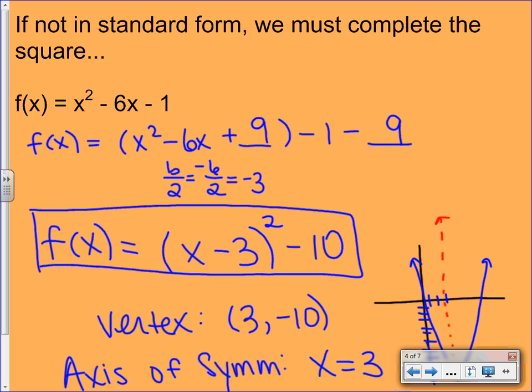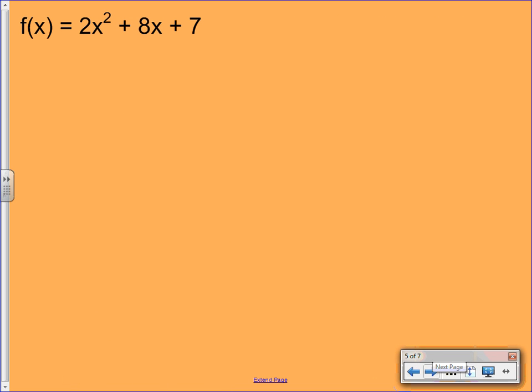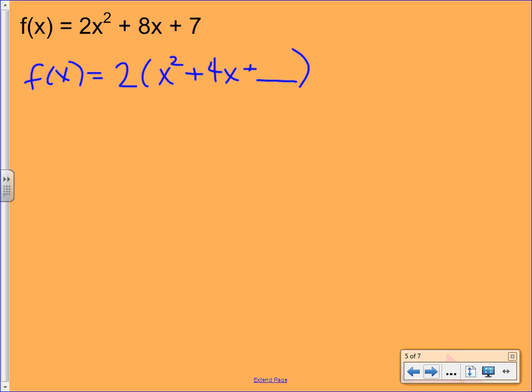We're going to do the same thing here, but I don't like that 2. That 2 can't be there if we're going to complete the square with that b over 2. So what we're going to have to do is factor it out. So only factor it out of your x terms. Still leave this +7 because we want it to be on the outside for our vertical shift.